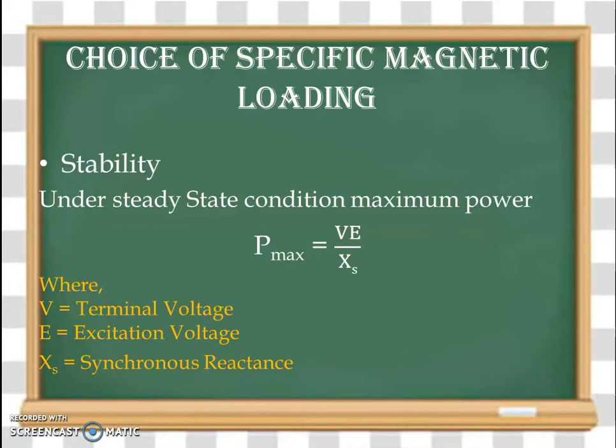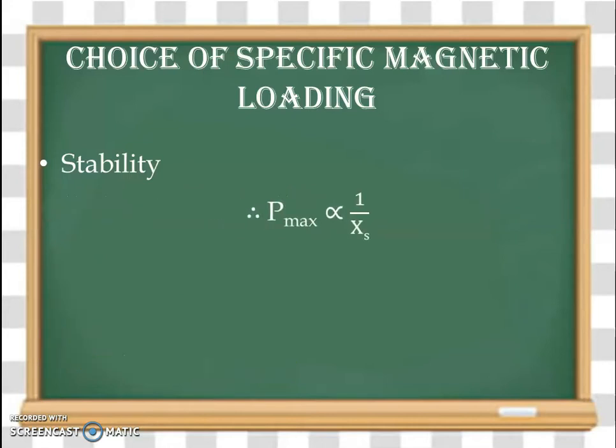So this maximum power is important for the system to have very high steady state stability. And from the equation we know that maximum power is inversely proportional to the synchronous reactance. So synchronous reactance is very important, and the less the synchronous reactance, the higher the value of power generated by the system.